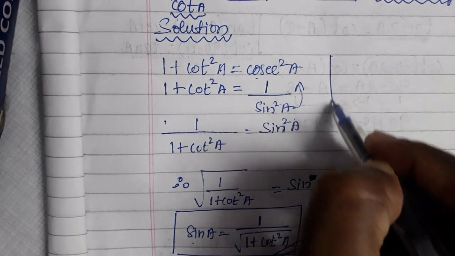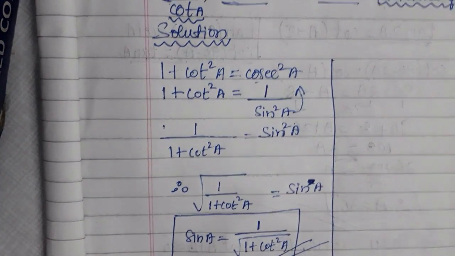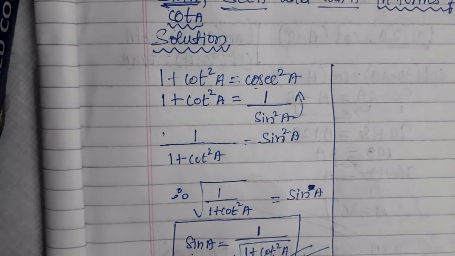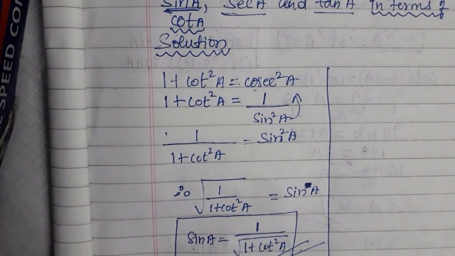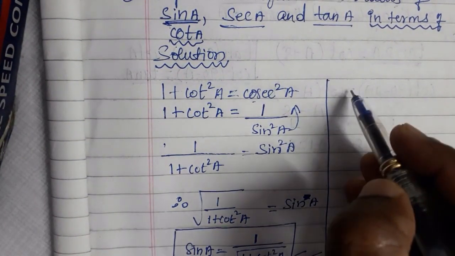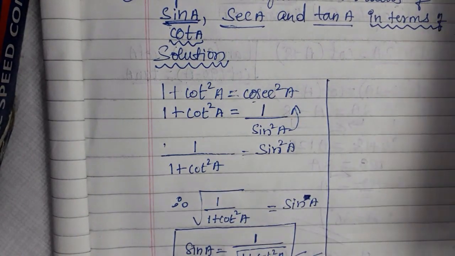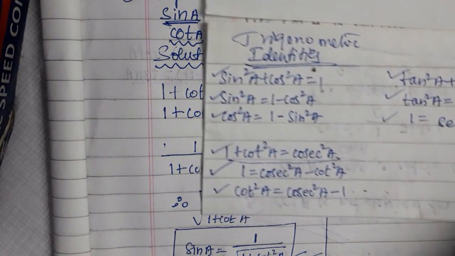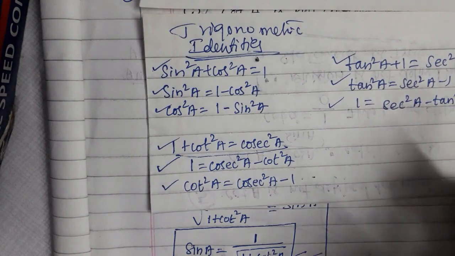Second, I have to express secant A. For secant A, I will take the identity of secant square A. You can notice secant square A here.